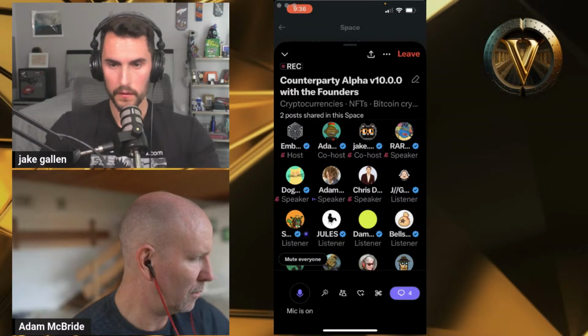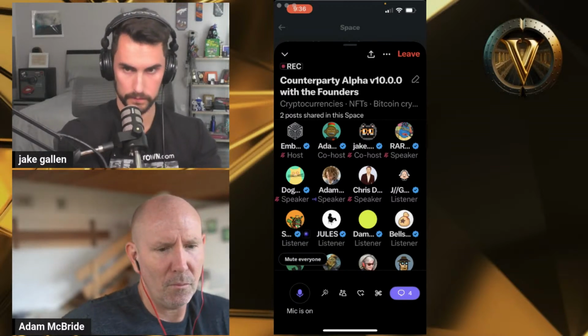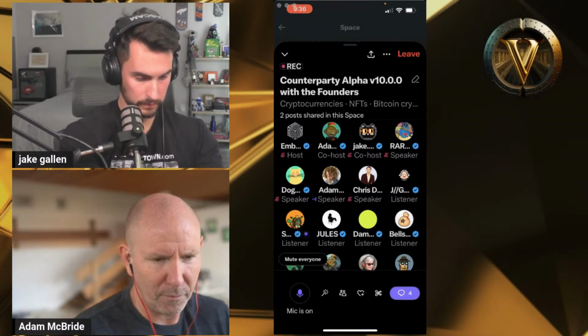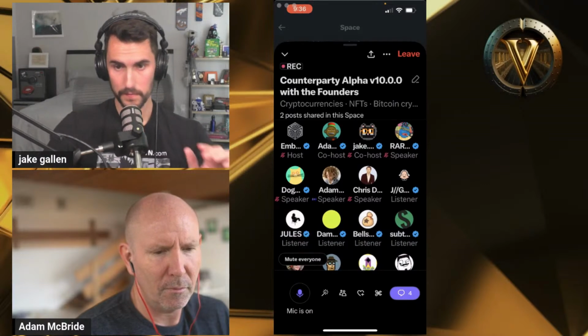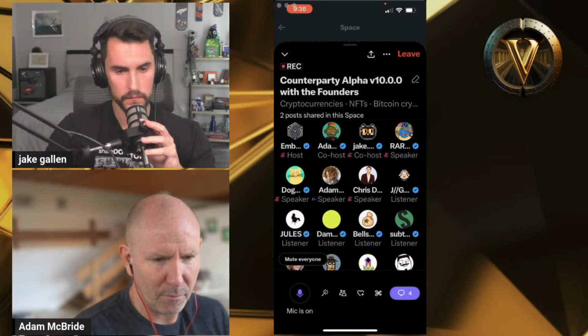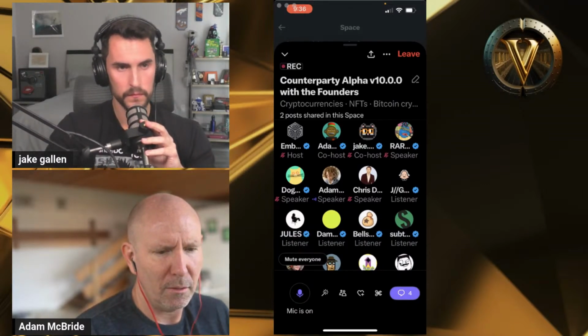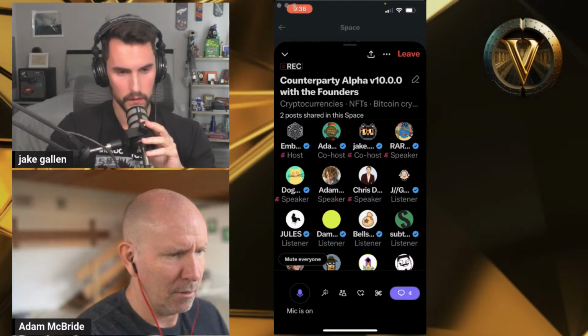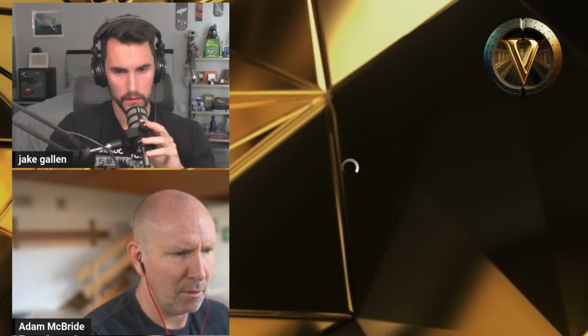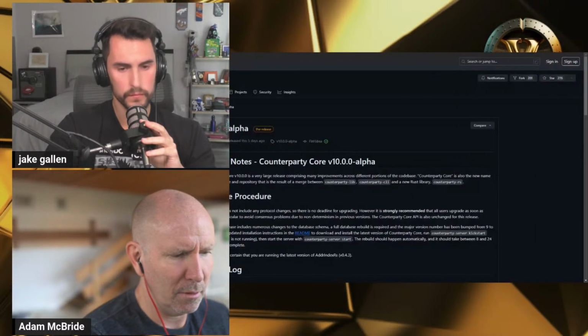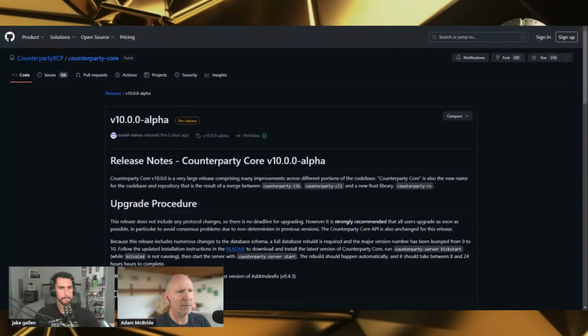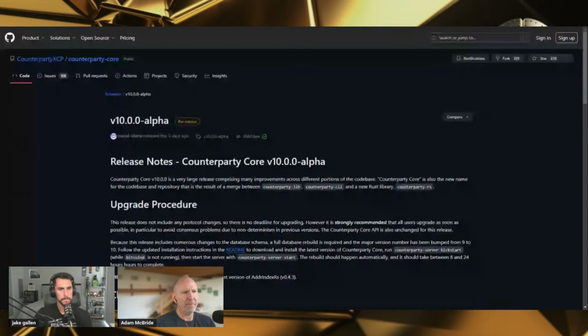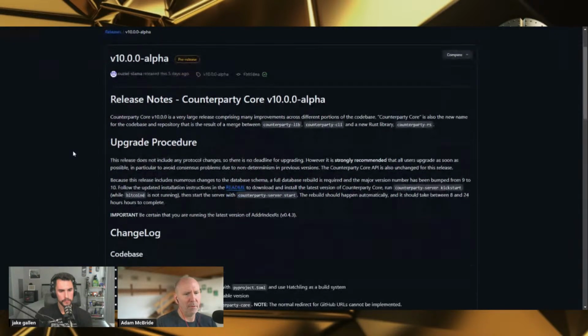That's one element of the major refactor that dramatically improves the performance, the stability, and the simplicity of the code base. We've made a bunch of other major changes to performance, bug fixes, consensus, and testing, to really bring the Counterparty core code base up to 2024 and prepare for a lot of future development.